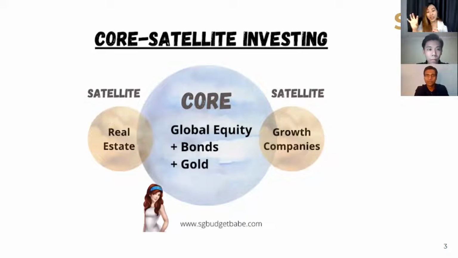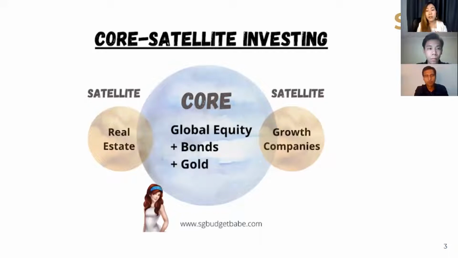And then the satellites are kind of like the revolving planets, right? And what you do is you use thematic approaches to run your satellite. In this picture, we've only done 2 satellites, but the truth is you could do as many satellites as you wanted to. For example, if you wanted 1 core and 2 satellites, in this picture what I've done is a real estate satellite.